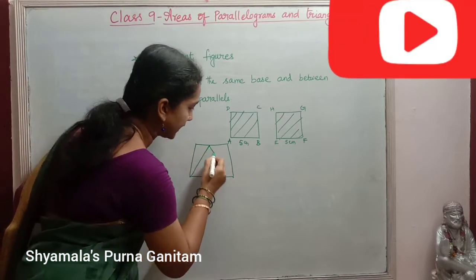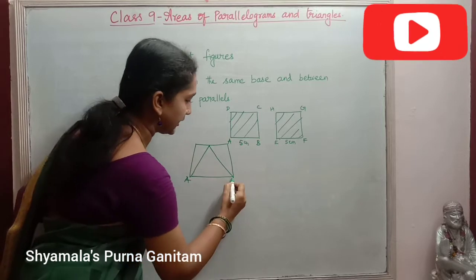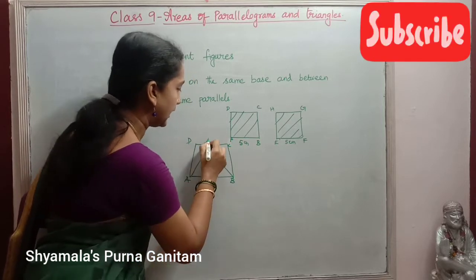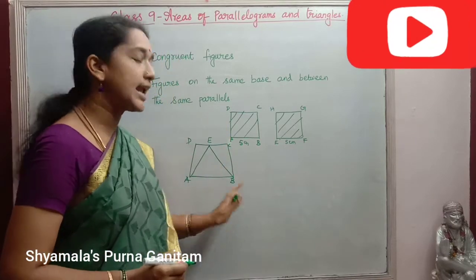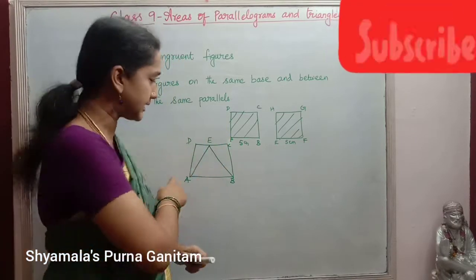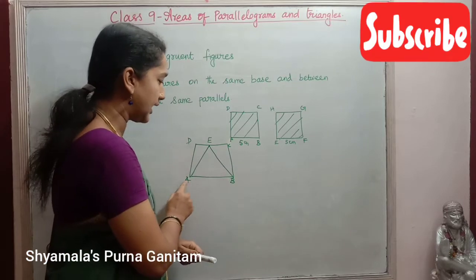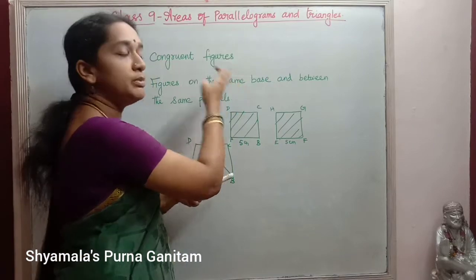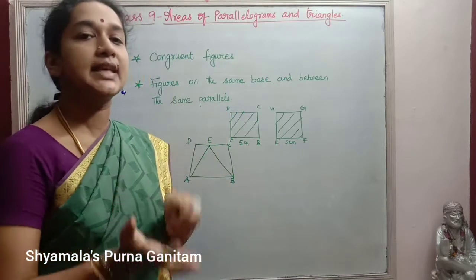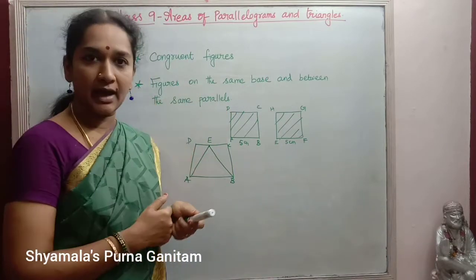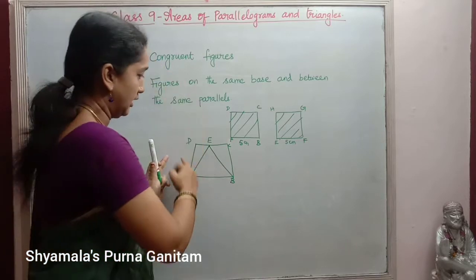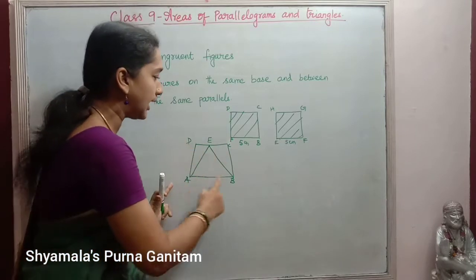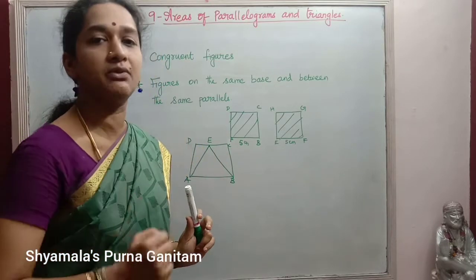So if we take a quadrilateral we can name it ABCD, and a triangle ABE. A quadrilateral ABCD and a triangle ABE. For the given condition, here we have ABCD with 4 vertices, and for triangle ABE, we have 3 vertices.